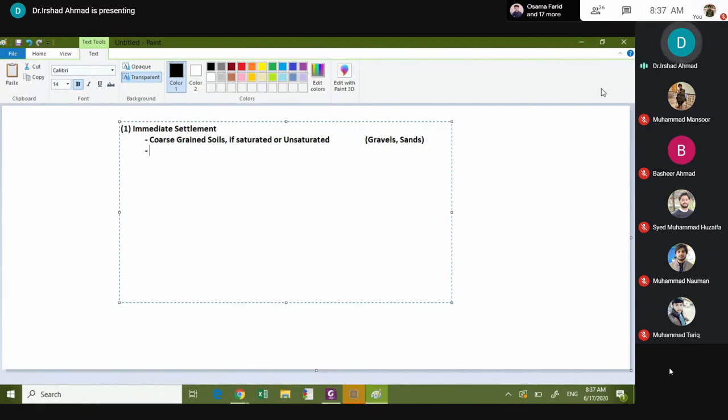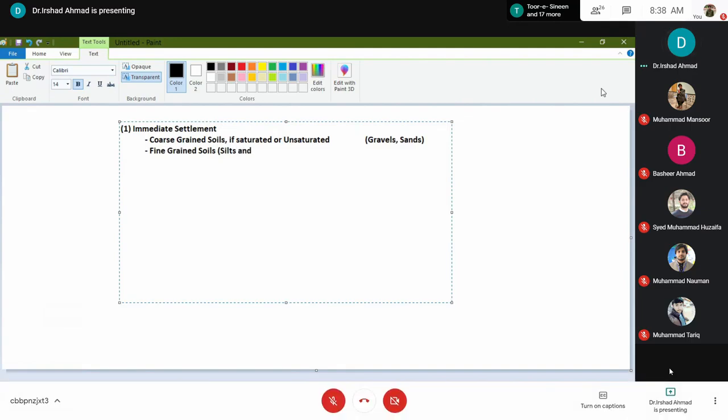It is also predominant in fine grained soil. What are fine grained soils? They are silts and clays.